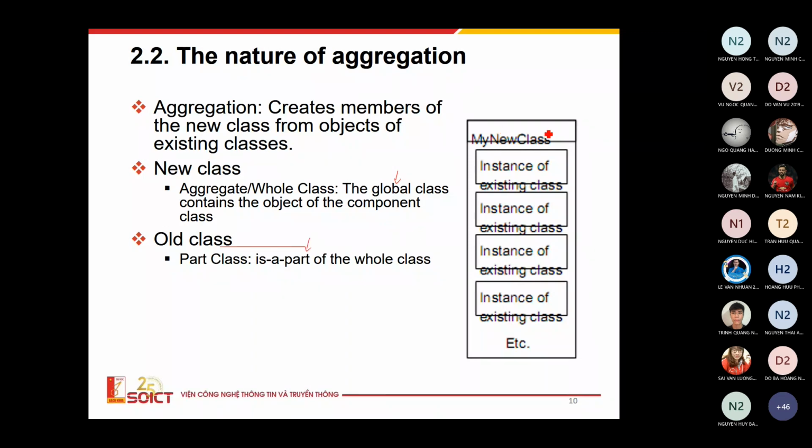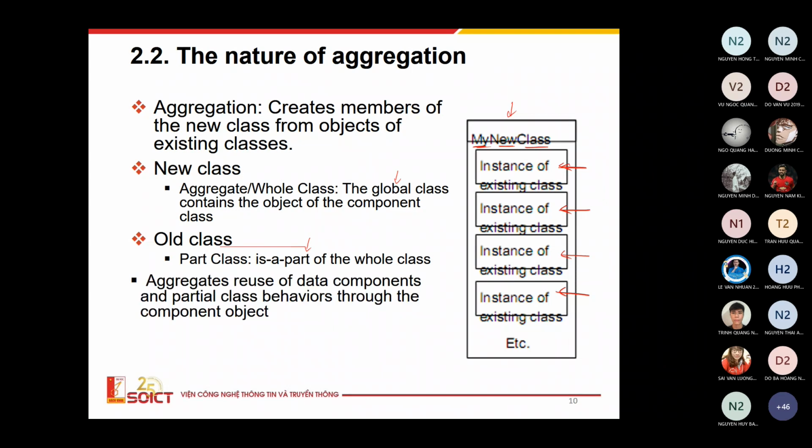You can see in this example, you will create a new class, and inside the new class, you will have one or many instances of the existing classes. Okay, so that means you combine the instances of the existing classes inside one new class.